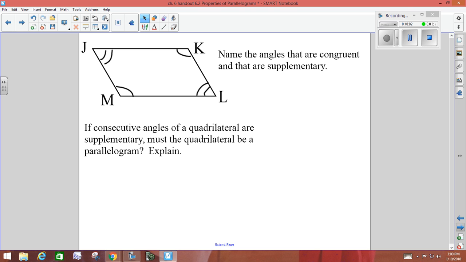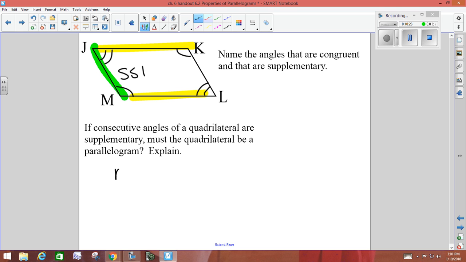What would you know about J and M and their angle measures? Why? Good, they're same side interior. Since this thing is a parallelogram, two parallel lines cut by a transversal means that we have same side interior angles.